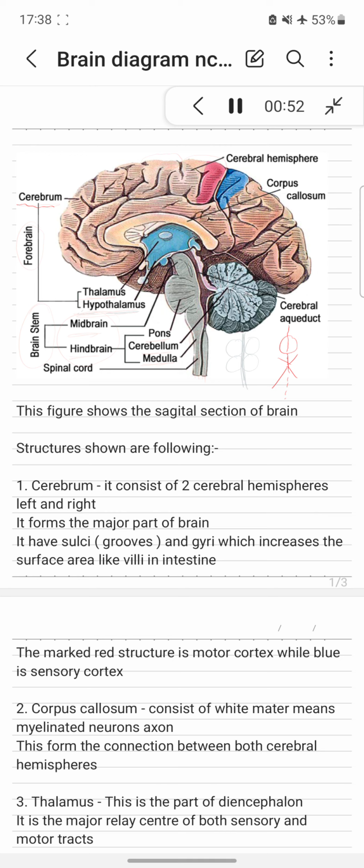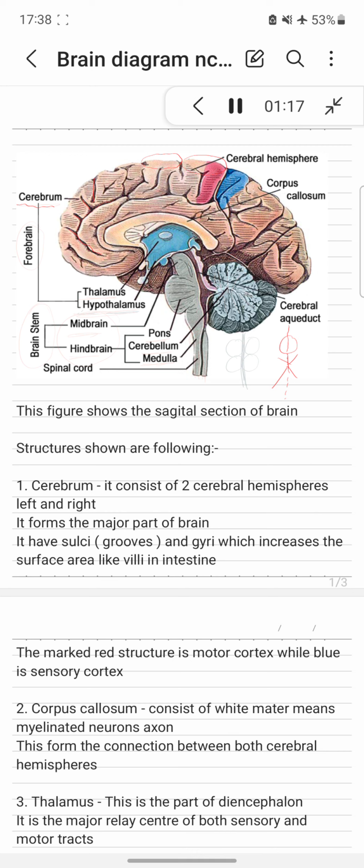Here you can see the sulci and these parts are the gyri. What is their function? They increase the surface area so that more neurons can be accommodated, like the villi in the intestine.